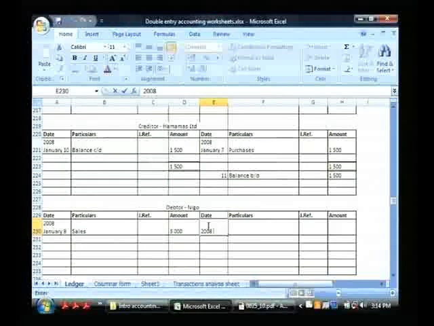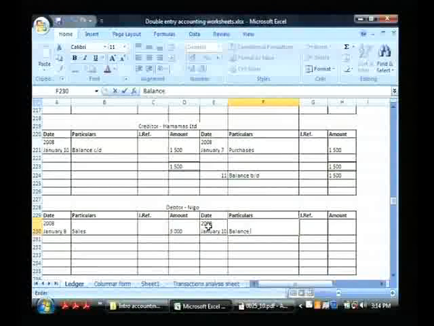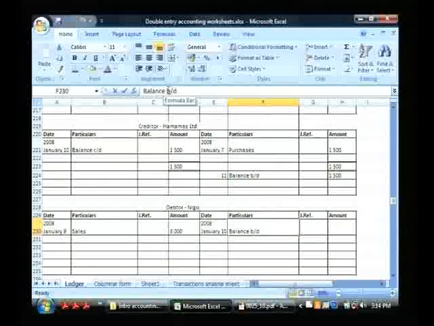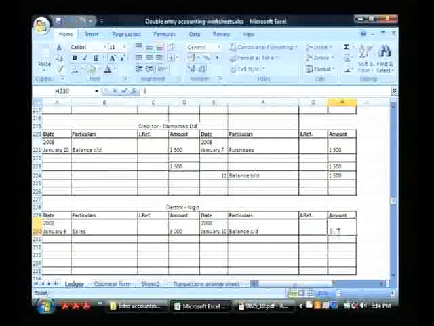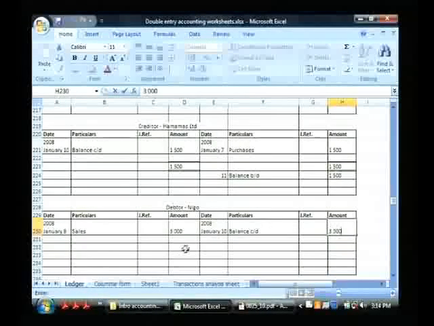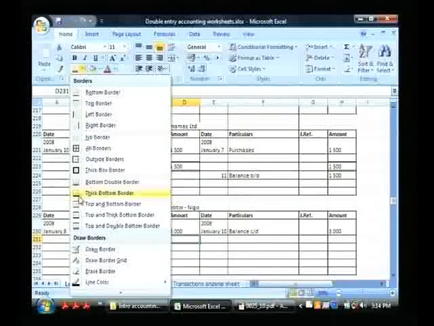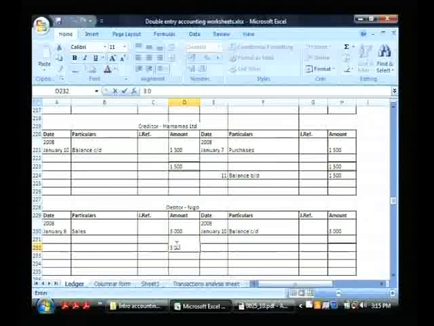Date 2008, January 10th. Balance carried down $3,000. Now the total, both sides 3,000.